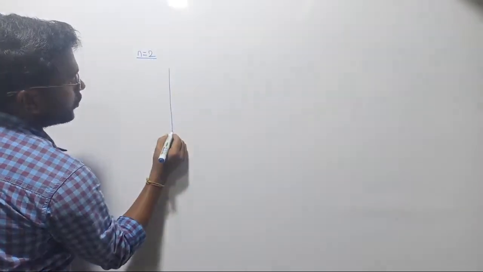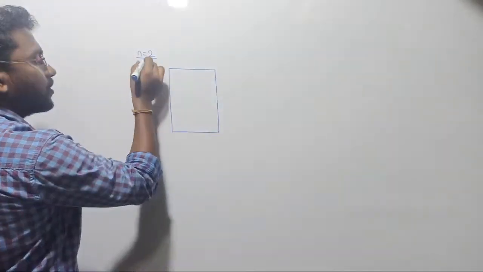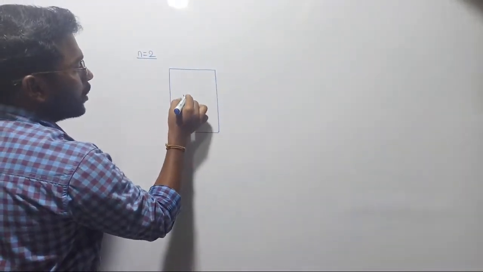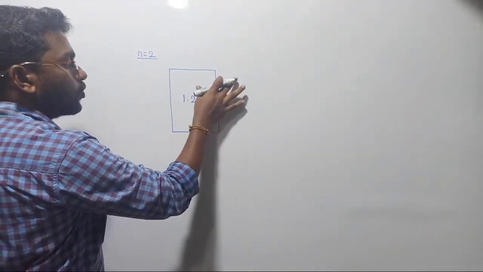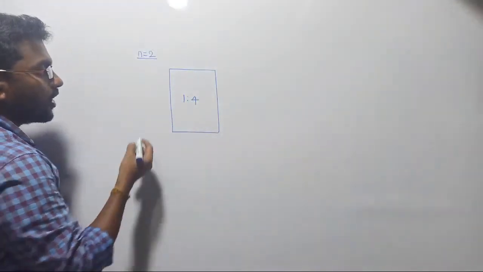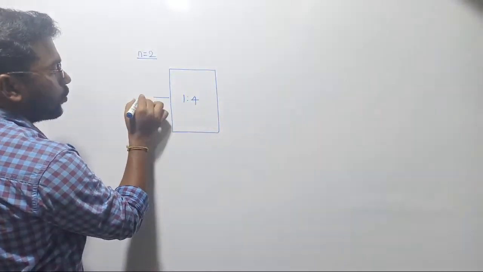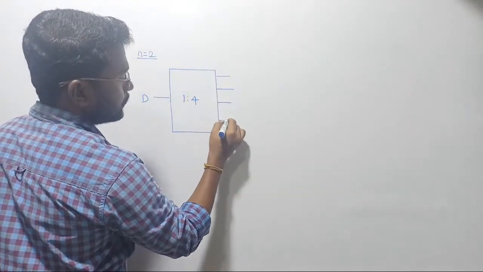When n equal to 2, 1 to 2 power n means 1 to 2 power 2, which is 4. That is called a 1 to 4 demultiplexer, where the input line is 1 once again, whereas in the output we are going to receive 4 lines.